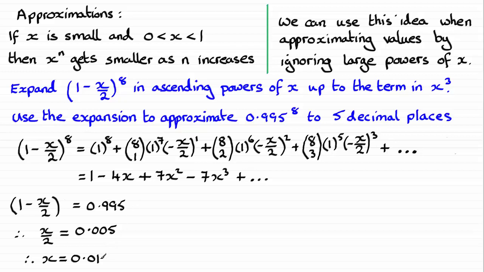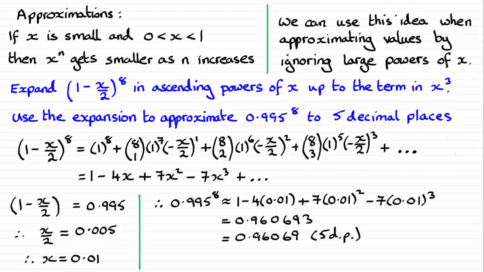So it's just a question of substituting x is 0.01 into here. If you do that, you find that you end up with 0.96069 to 5 decimal places. And when you compare that to what you would get on a calculator, you can see it's not a bad approximation to the actual value that you get displayed on a calculator.